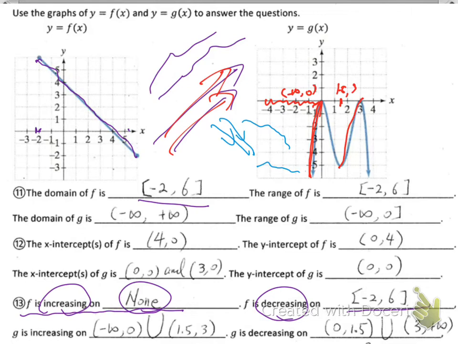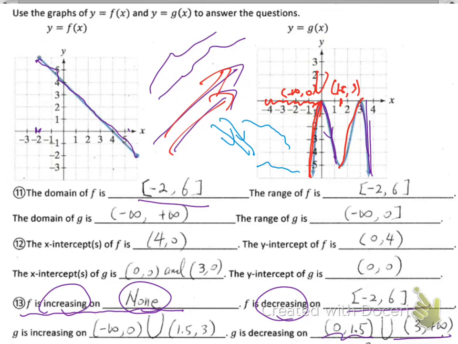So x is increasing here. So you put the union. If there are two intervals, you put the union, meaning this interval and that interval. When this curve is going down, it's from 0 to 1.5, and then after 3 is going down. That's how we read the graph, the basic part.